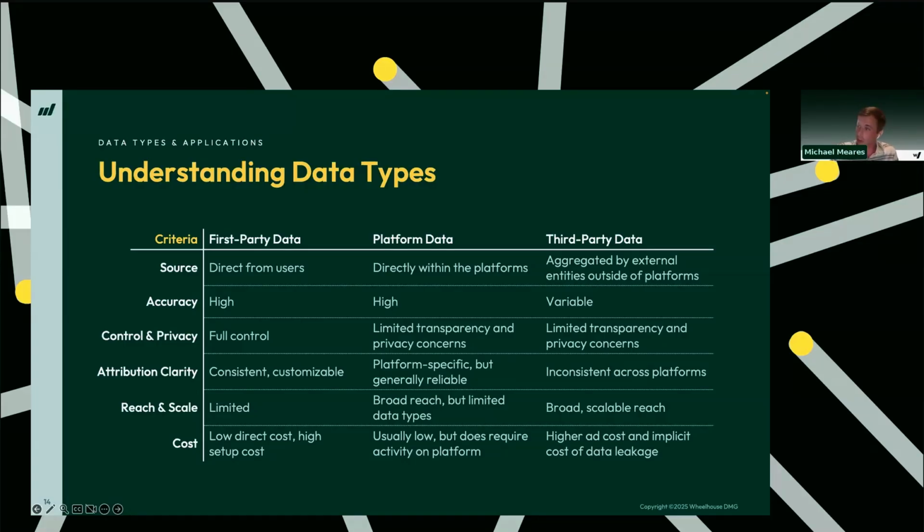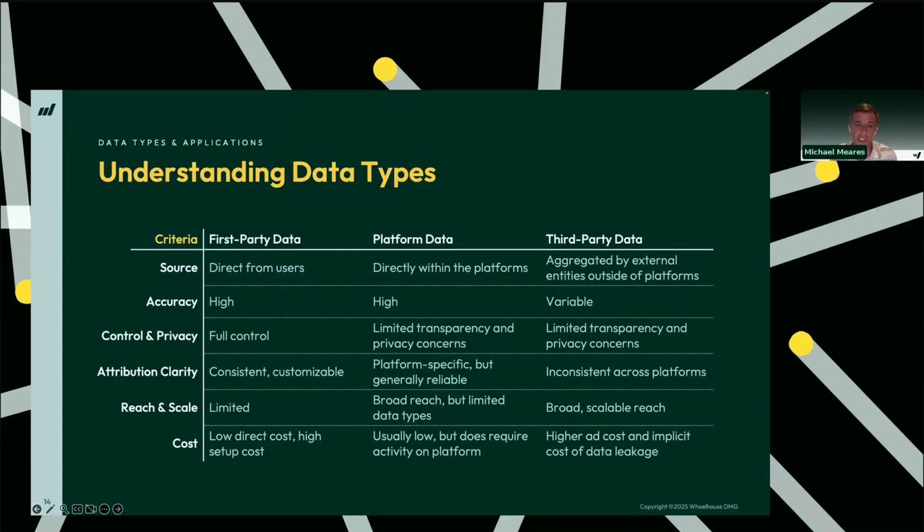Platform data is generally reliable, but it differs between the platforms. Just make sure you know the attribution settings within the platform you're using, and change those to what you want them to be. Third party can be a little bit more inconsistent, so make sure you know what you're working with.